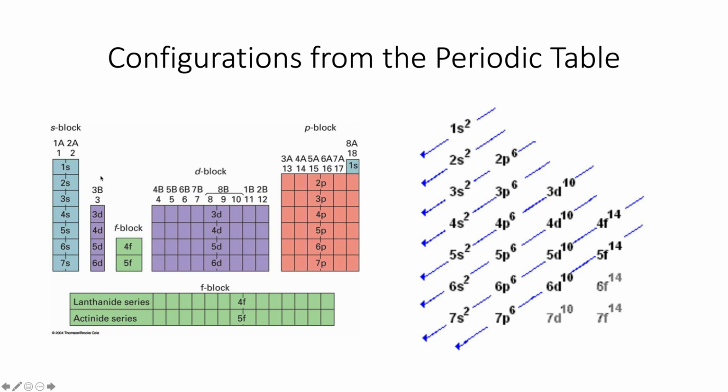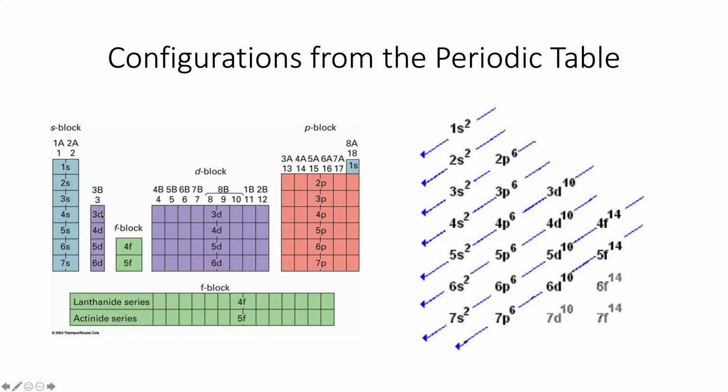If you look at the very first row, it's 1s1, 1s2. Then it goes 2s, 2s. Then you go across here, 2p, 2p. Then it goes 3s, 3p. Then 4s, 3d, 4p, 5s.